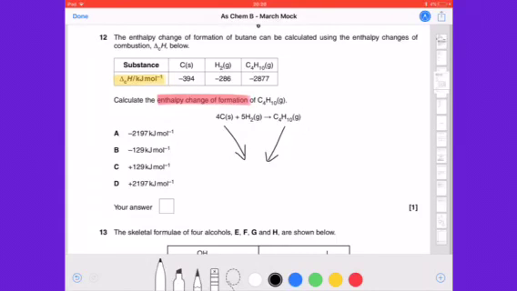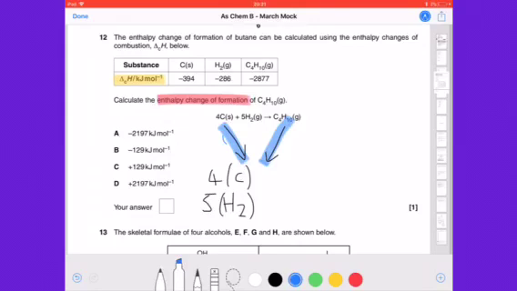And the sum that you get is 4 times the enthalpy of carbon. Now I'm not going to put the numbers in here. Plus 5 times the enthalpy of hydrogen. And then, because we're going against the arrow, so we're going to go down this arrow first, and then we're going to go against this arrow to go up here.